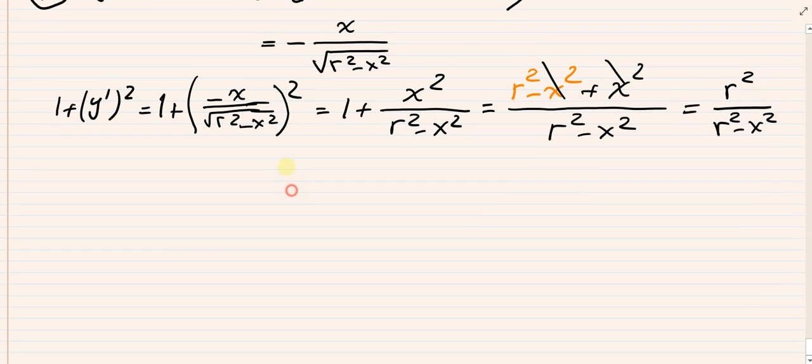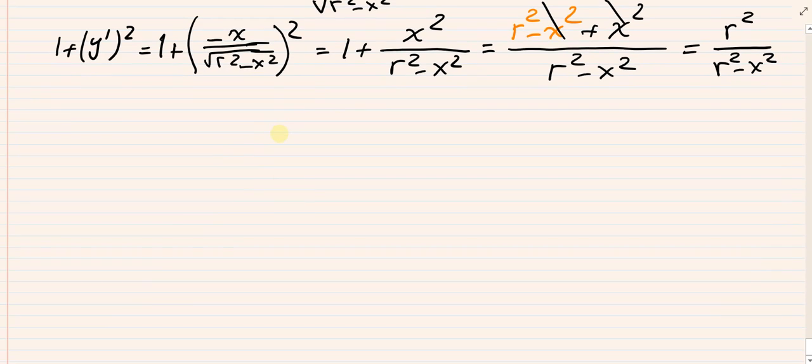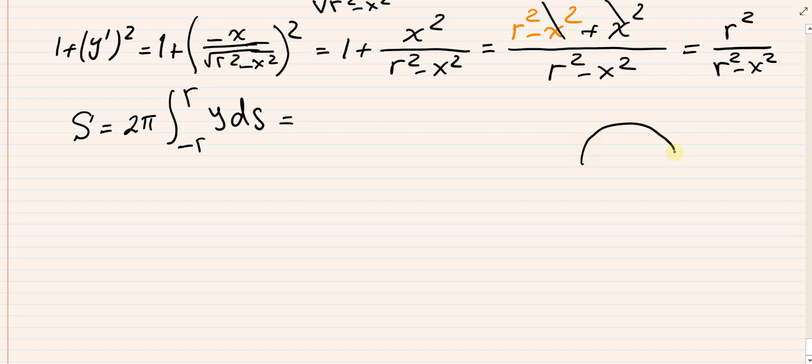Okay, and now we can do our integral. The surface is 2 pi, the limits of integration go from negative r to r, correct? And it's y ds. Okay, so this is a function of x. So imagine we have a half circle. This is negative r to r.